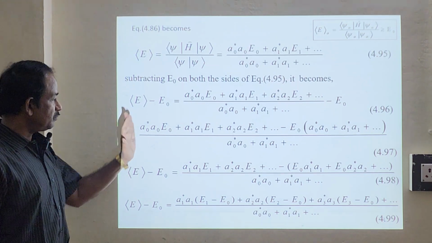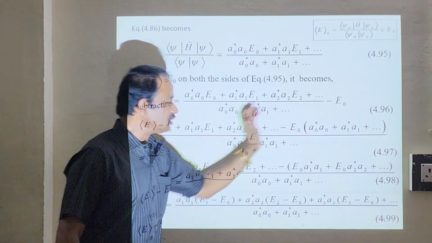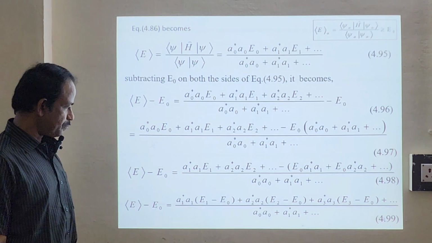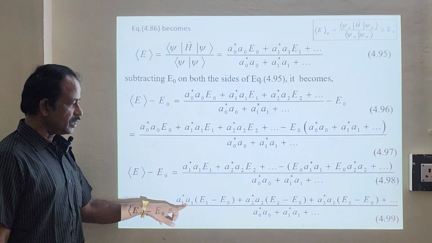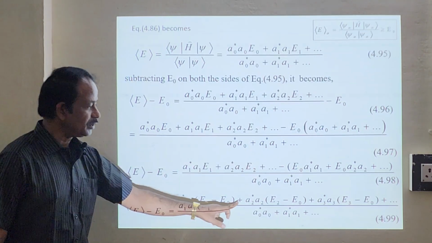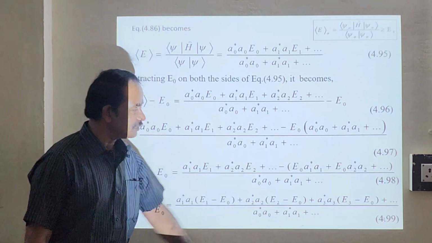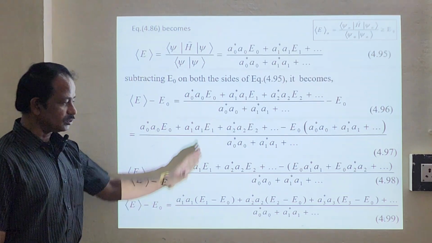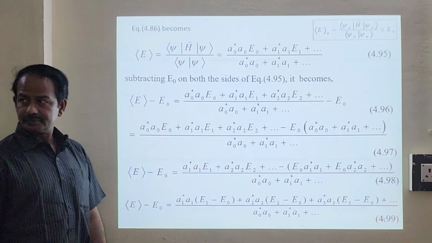Any doubt? Now combining these two, a1 star, a1 multiplied by e1 minus e0, plus a2 star, a2, e2 minus e0, and it goes on. The denominator is exactly as it is.